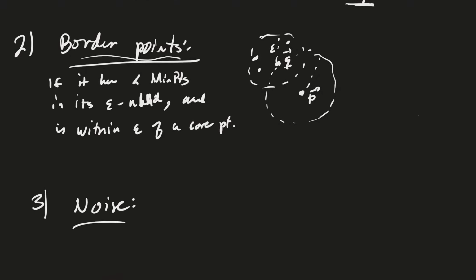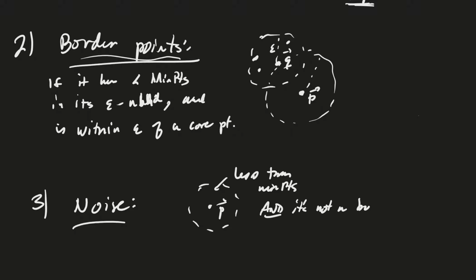And finally, we have noise. A point is noise, so P is noise here, if it has less than the minimum number of points and it's not a border point, so it's not within epsilon of any core point.